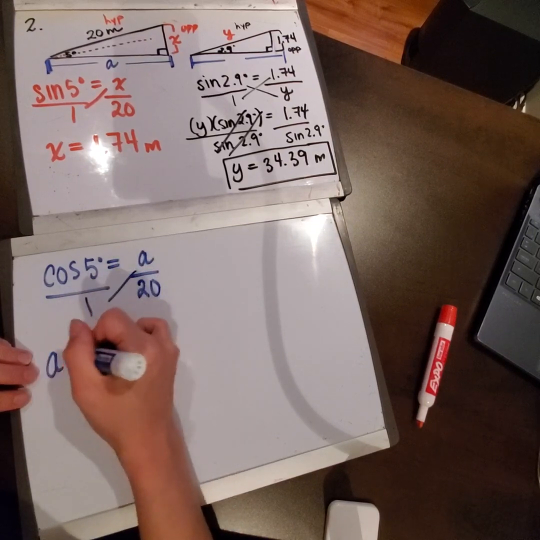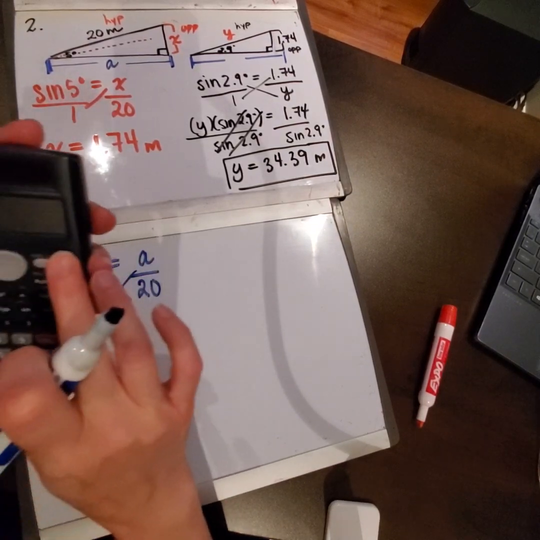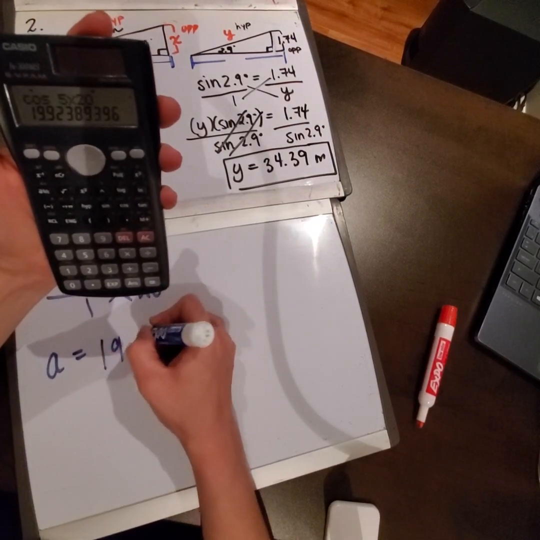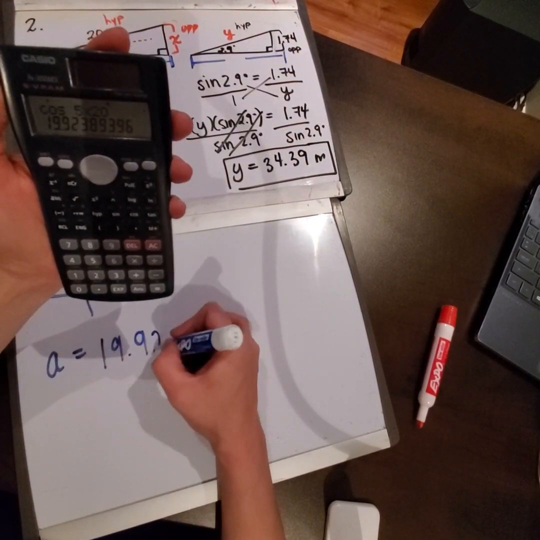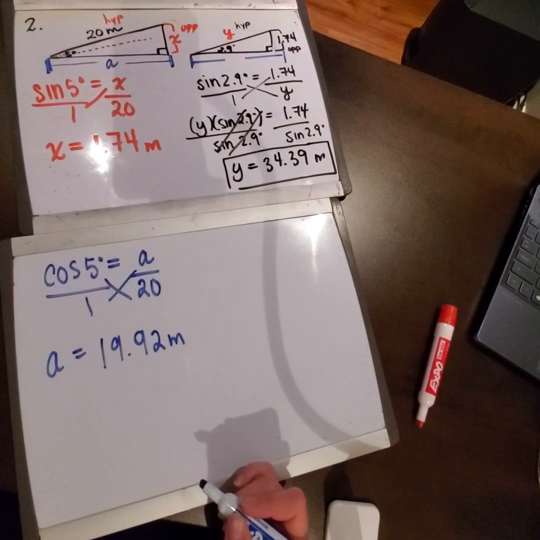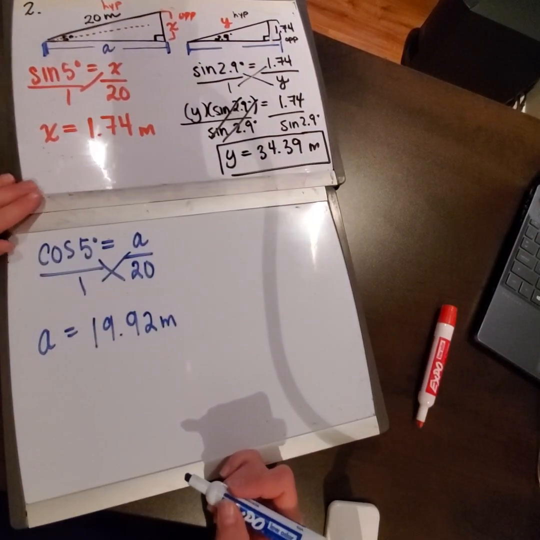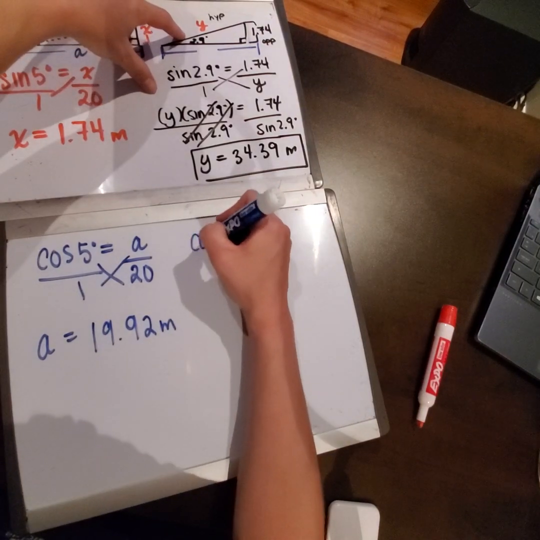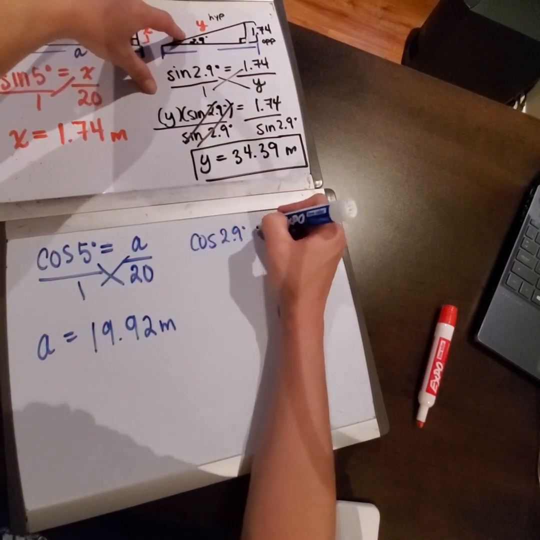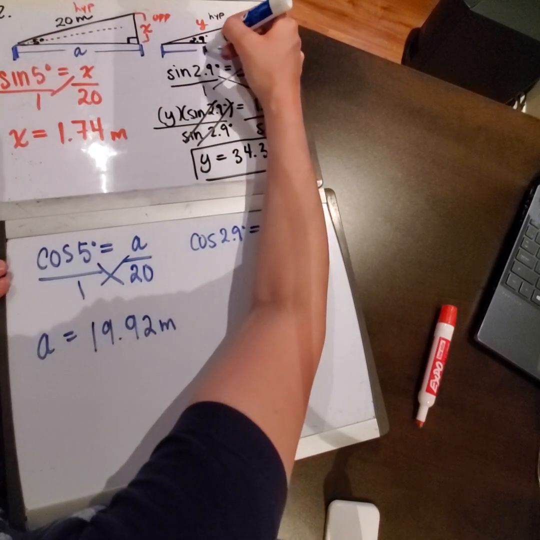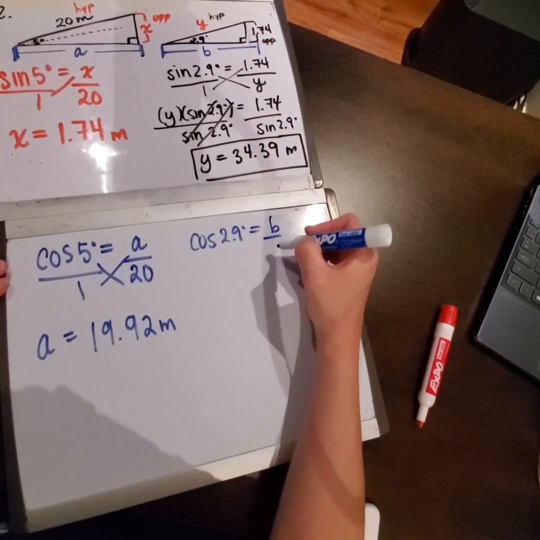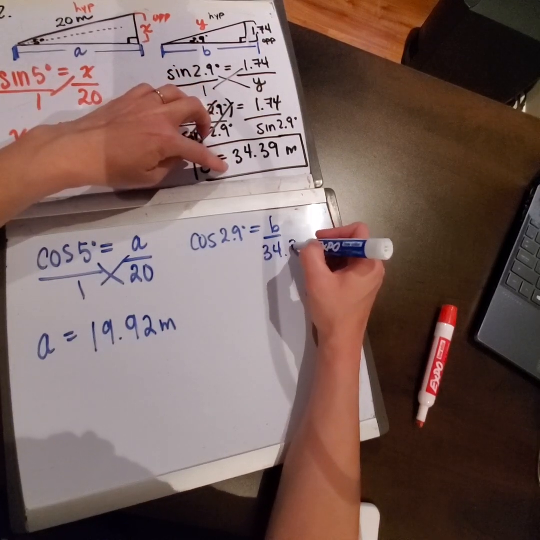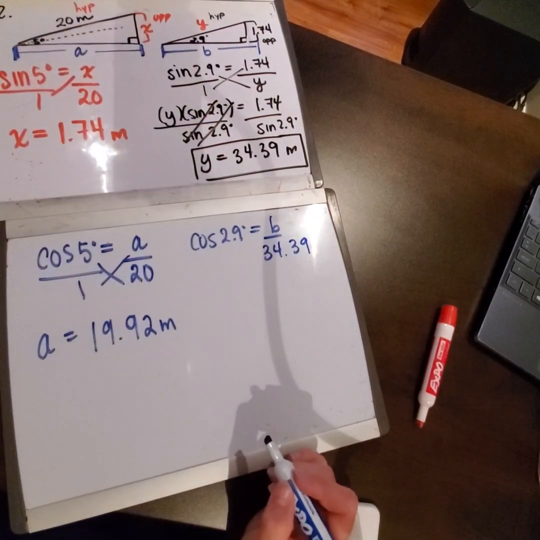Again, cross multiply, make sure you're in degree mode. The cosine of 5 times 20 is 19.292. So originally, this ramp took up 19.292 meters along the ground. Now, the cosine of 2.9 degrees is equal to, we can call this b, over the hypotenuse, which I solved to be 34.39, okay?